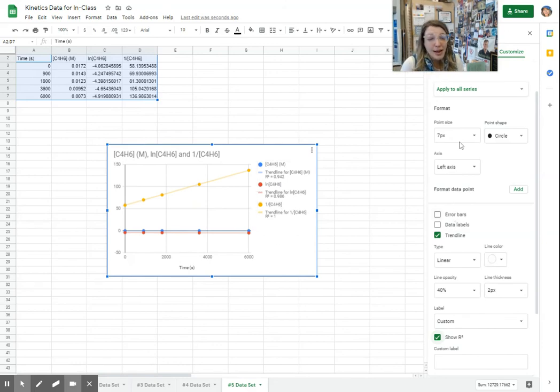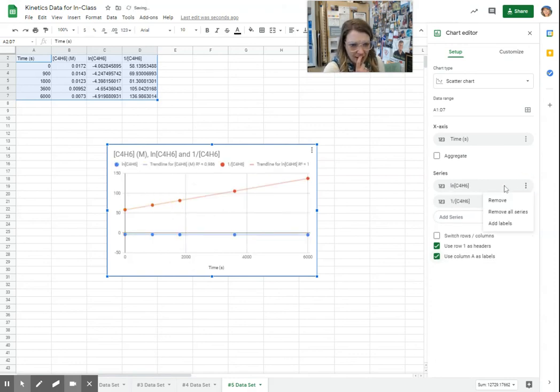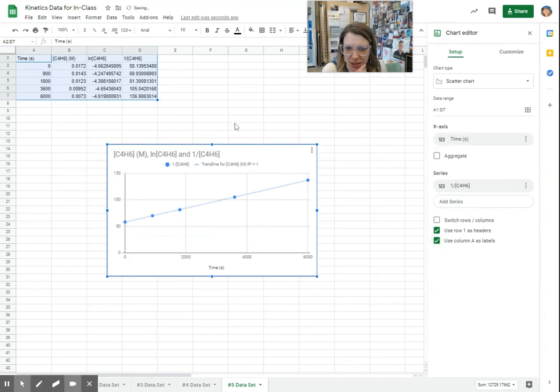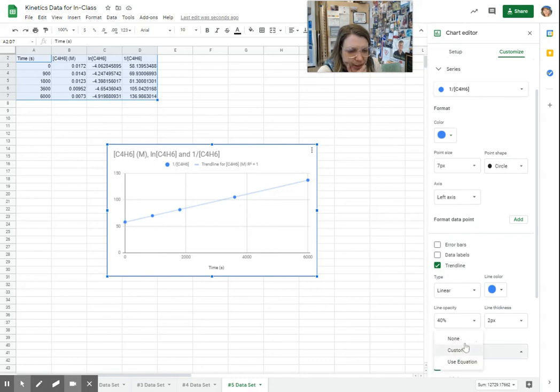So it looks like our second order is the best, and I turned on those equations so we can get k really easily, right? Let's just remove that. Oh, no, I didn't turn on the equation. Sorry. Please use equation.